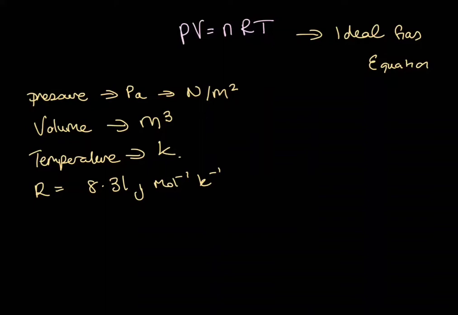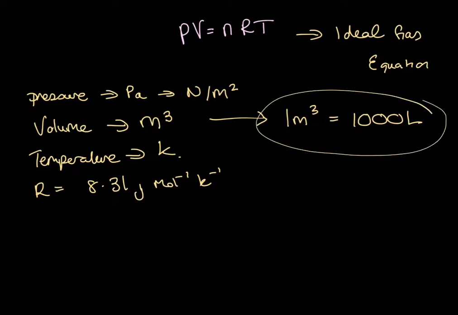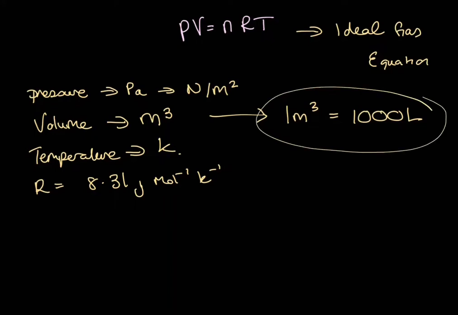Okay, so for the conversions for meters cubed, I just want you to remember that 1 meter cubed is 1,000 litres. So I want you to keep that in your head for all of our conversions in the future when using this equation, this formula.